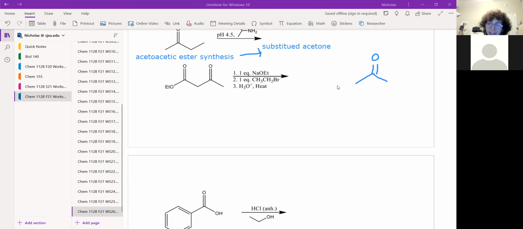And I can talk about the details, but I'll do it if any of you want me to for review. But in terms of jumping to the ends, not worrying about the details of the reaction, you can remember acetoacetic ester gives you substituted acetone. So whatever you added with an alkyl halide or OTOS, just put that on the alpha position and then you're done.